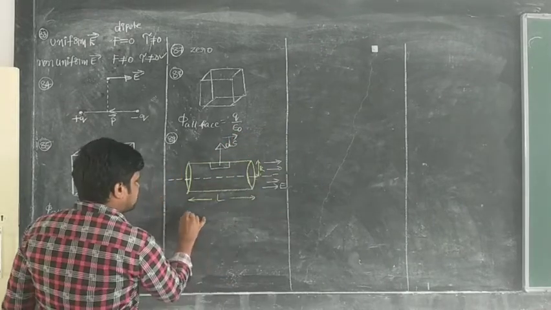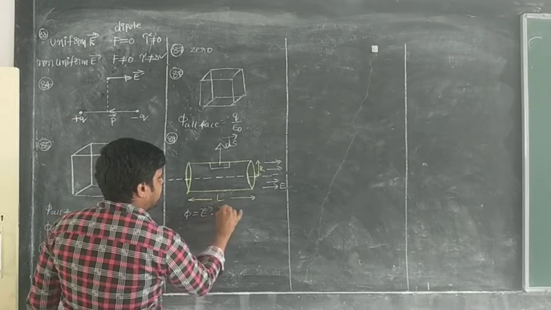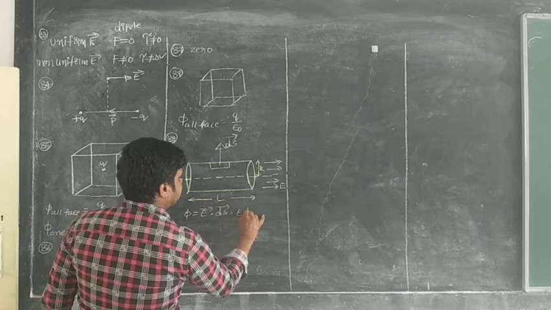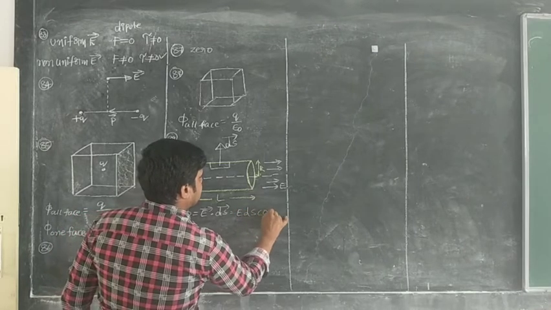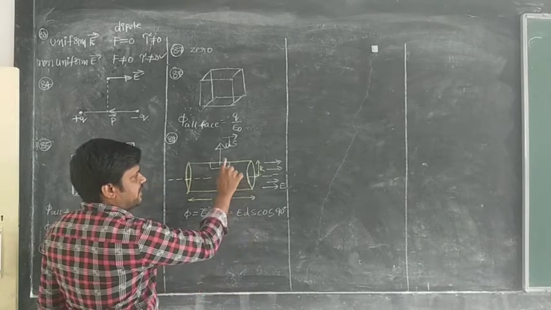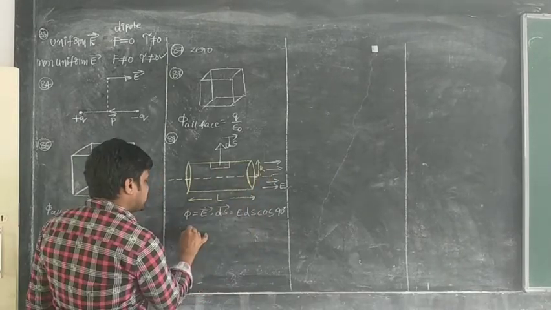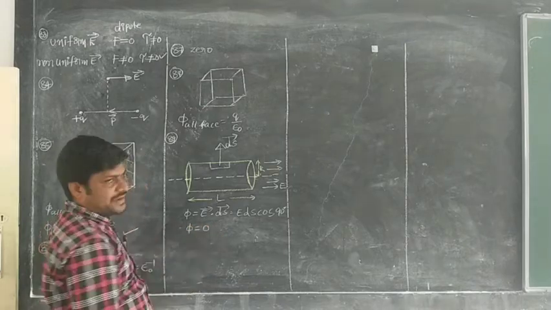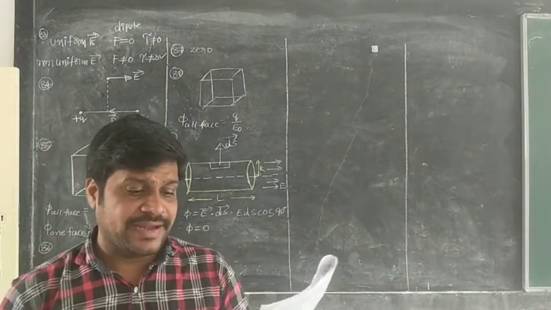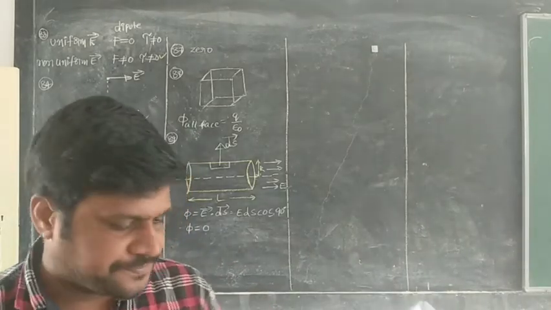So flux equals E dot ds, that is E ds cos 90 degrees. The angle between the electric field and the area is 90 degrees, so the flux is 0. That is the 89th question. The answer is option D.